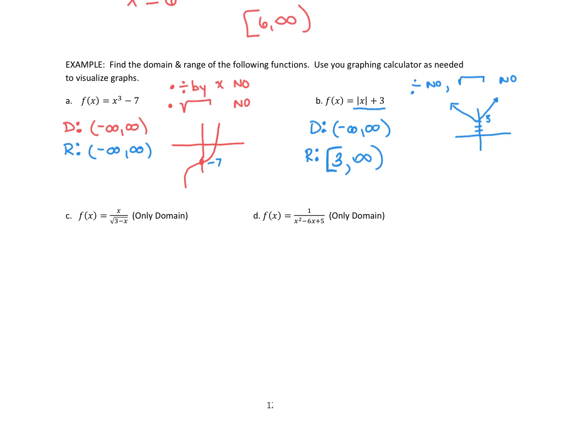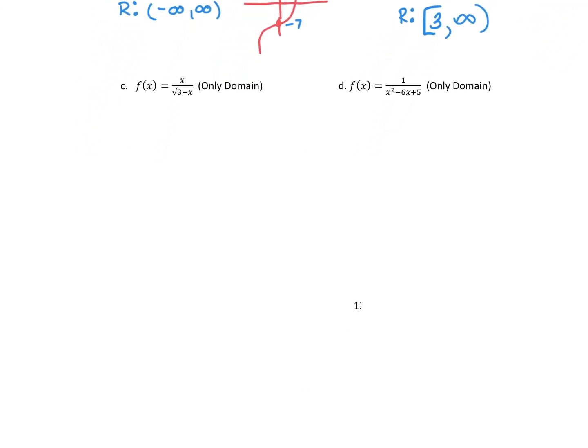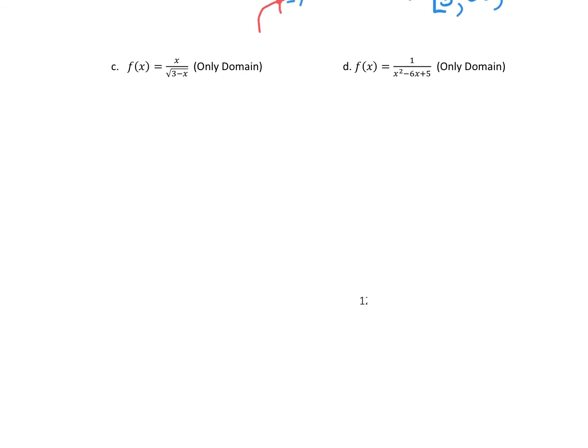All right, so for these next two, let's only look at the domain. We won't worry about the range on these. We're going to ask ourselves here, do we have any division? Yes, we do. So we know that the square root of 3 minus x can't be 0. And we have a square root, so we know that the 3 minus x has to be greater than or equal to 0.